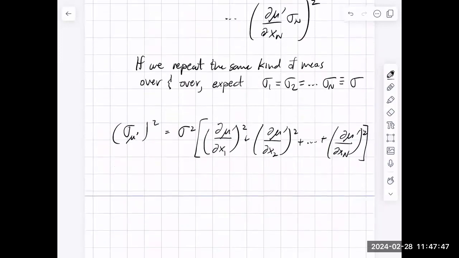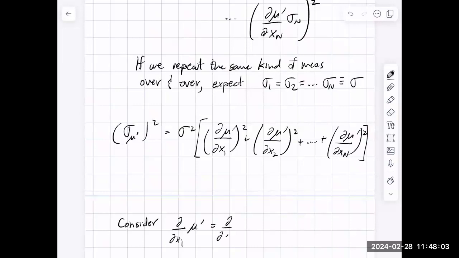All right, so let's think of this first derivative. So let's consider d by dx1 of mu prime.